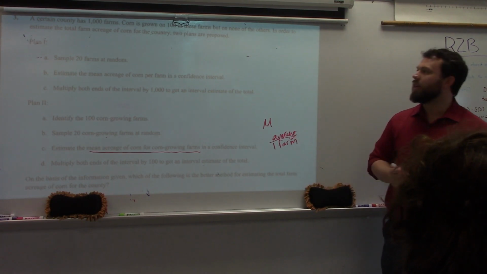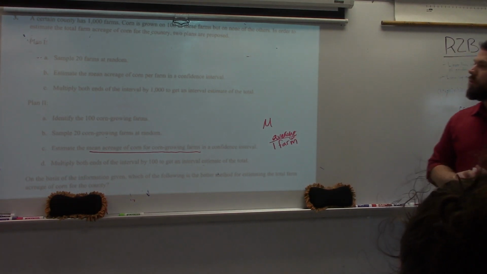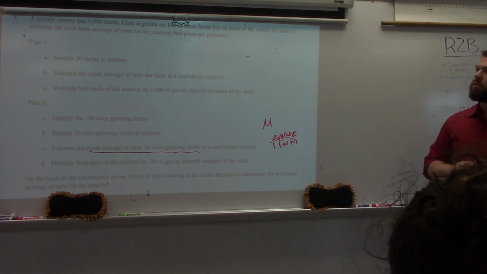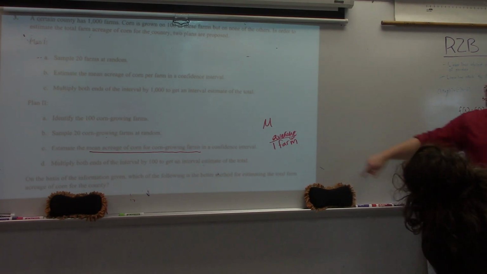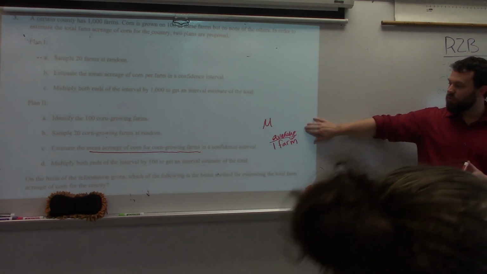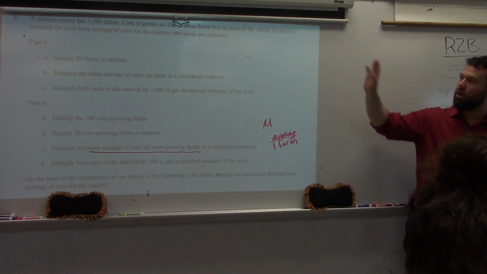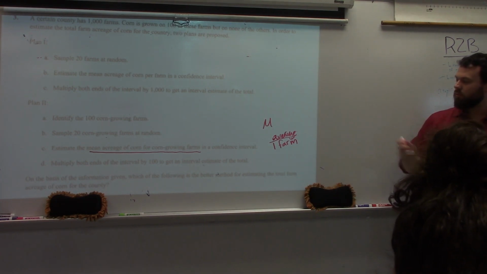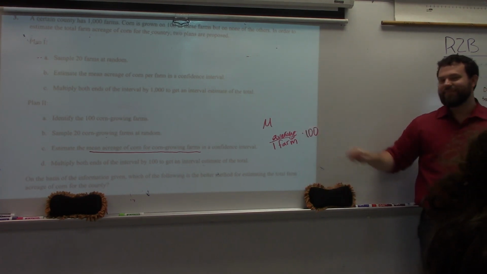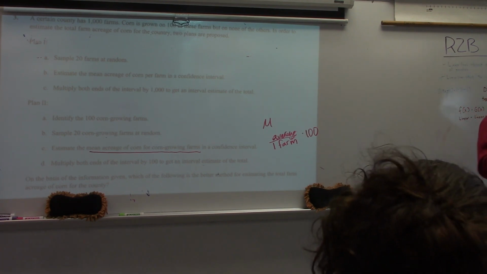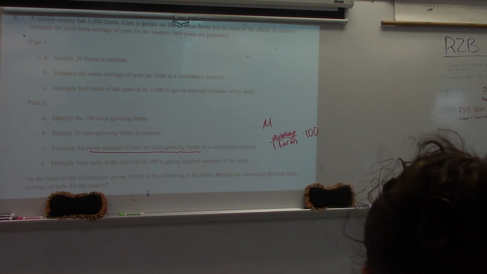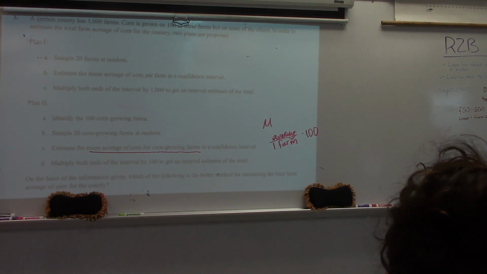But what does the question ask? What are they trying to do? Estimate what? The total farm acreage. So what could I do to this average to get the total acreage? Oh, it is plan 2. Okay. That's the debate, that's the discussion, that's what we want to recognize. We should be able to eliminate 1, right?